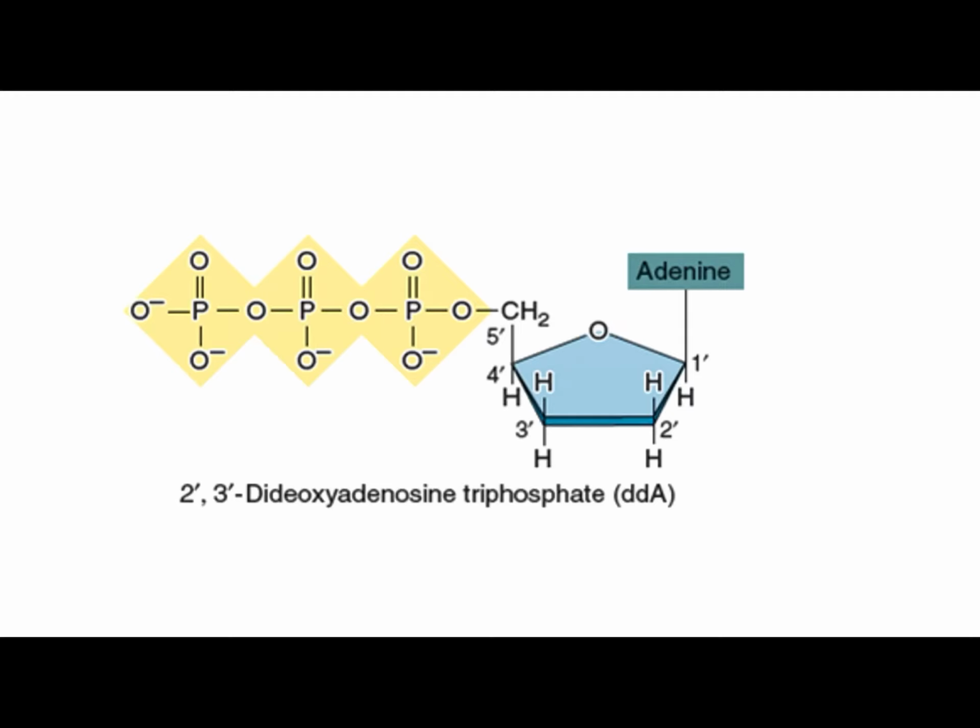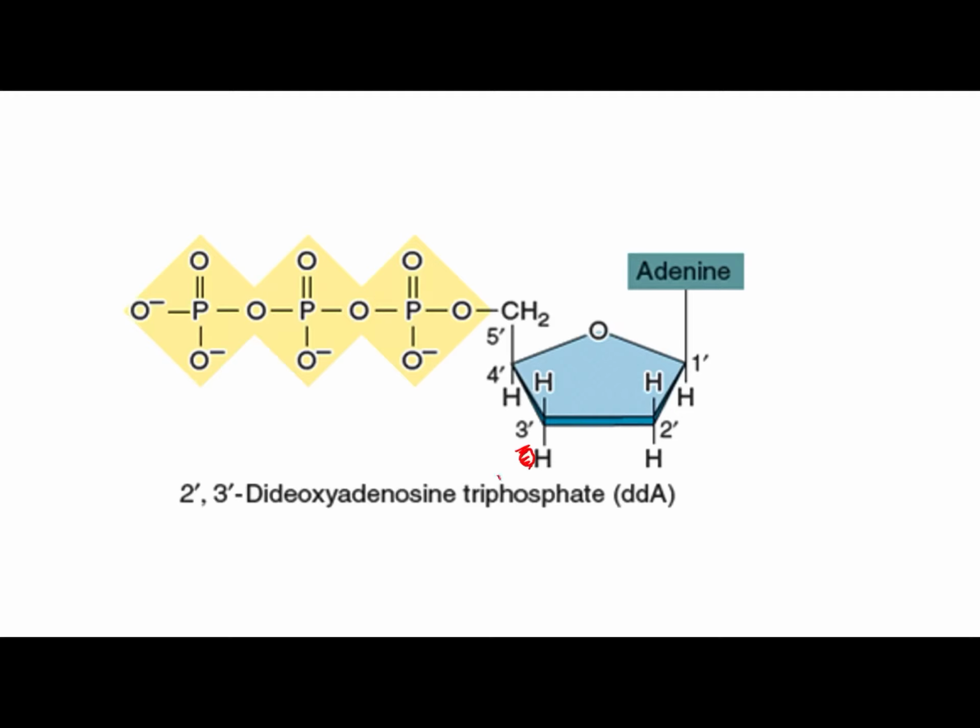So this is a dideoxyribonucleotide, and this is adenine. And what you can see here is normally you would have a hydroxyl group here. You would have a little O there, but it's not here, which means that when this is added to the growing strand of DNA, another one can't be added on here because there isn't an OH group for a covalent bond to form.